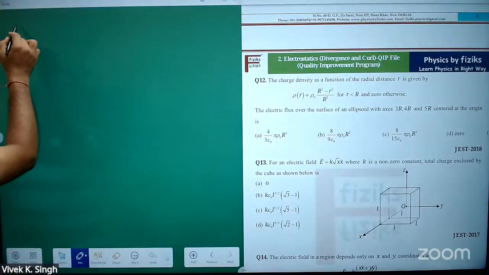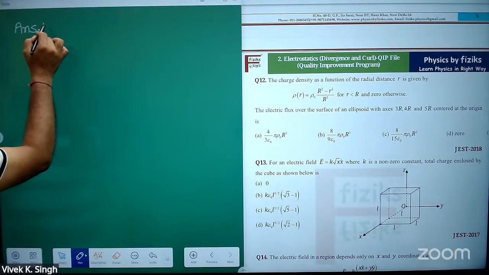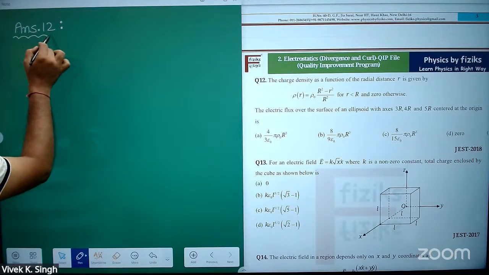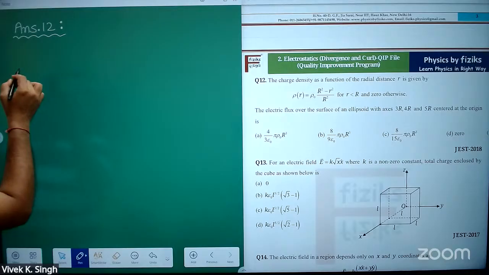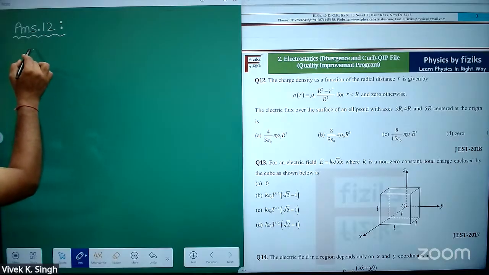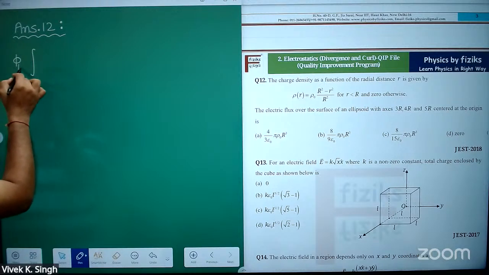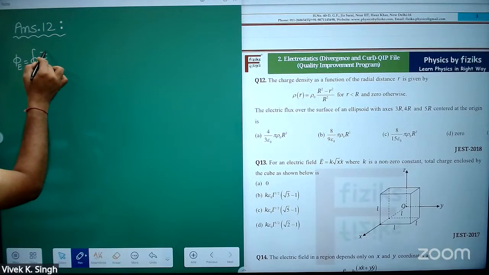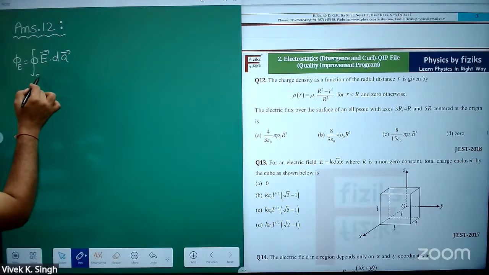So in question number 12, what will be the flux? Electric flux is given by the closed surface integral of E dot dA. It's a closed surface, so this will be the electric flux.